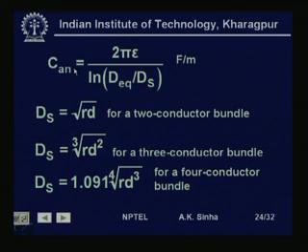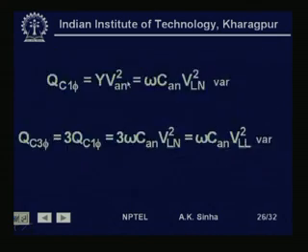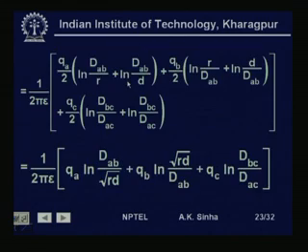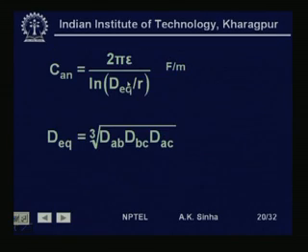capacitance to neutral can be written as 2πε over log n dEq by ds, where we have already defined dEq as the cube root of dAB into dBC into dAC.